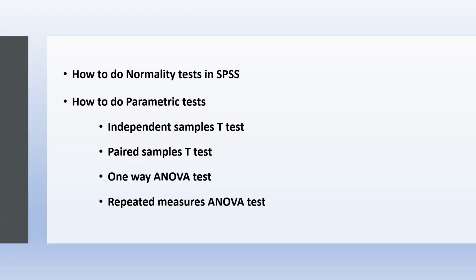I have also included various parametric tests like the independent t-test, paired sample t-test, one-way ANOVA, and repeated measures ANOVA test. Before going to these tests, you should first have the preliminary and basic fundamental operations required to operate SPSS.